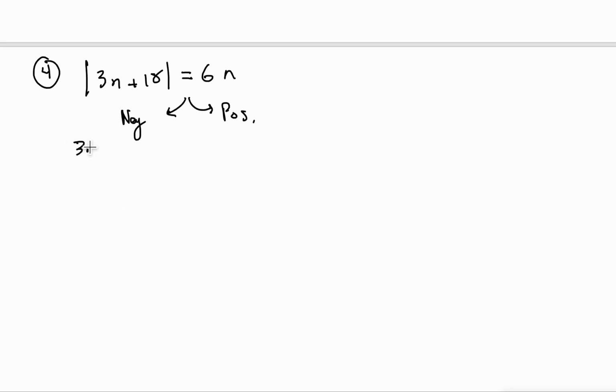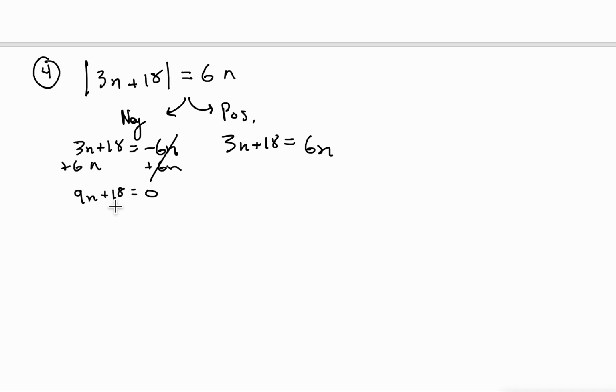So we've got 3n plus 18, and the same over here. The negative would be negative 6n, the opposite of that, and the positive would be the same as that. Now when we're solving, 6n plus 6n zeroes out, so 9n plus 18 equals 0.